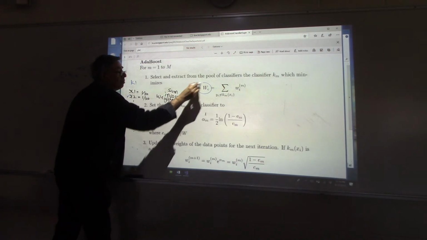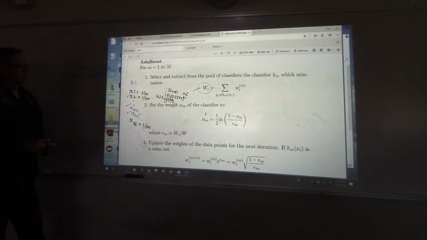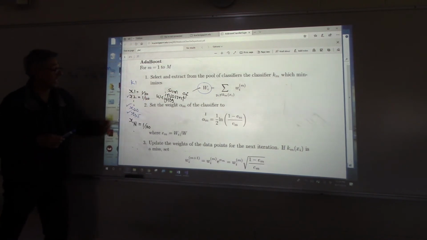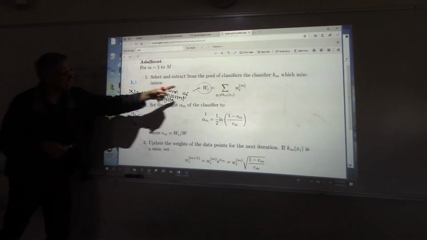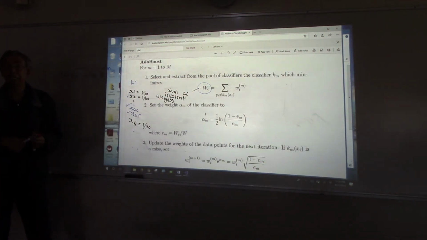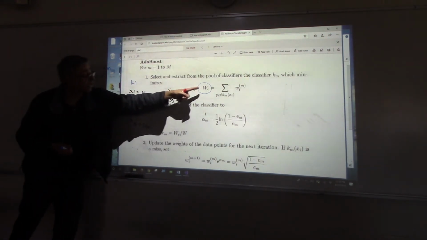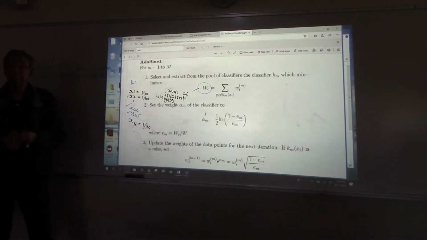WE is the sum of incorrect weights, right? Those samples which were incorrectly classified, it's the sum of their weights. 97 over 100, because 3 we are assuming were correctly classified, and the rest, 97, were not. So that's how we calculate WE, right?